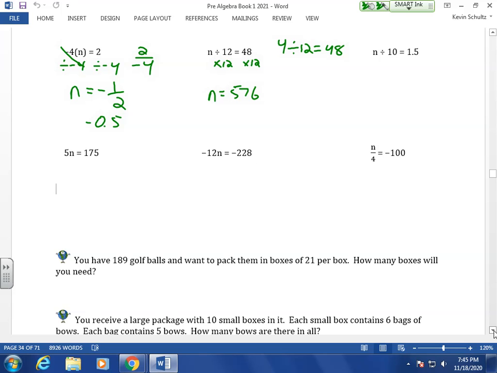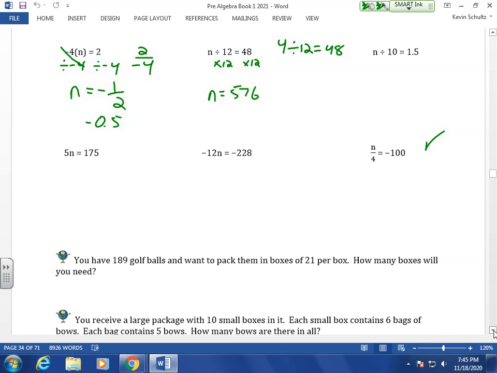Well, it sees the 48, it sees the divided by 12, and it jumps to 48 divided by 12, which is 4, right? But we're not going to be dividing here. We are multiplying to get n by itself, opposite operation. So watch out for ones like that. I think there's another one too where I do that down here. If you put negative 25 for that one, that got you again.